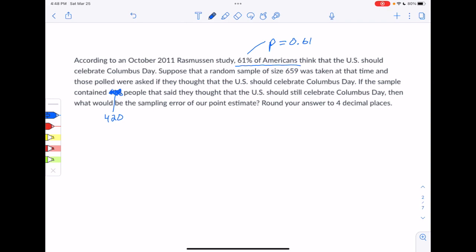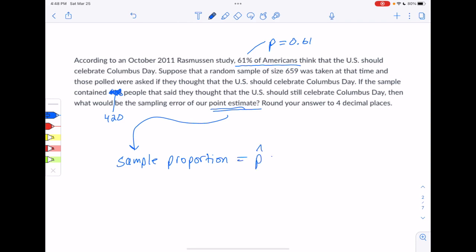All right, so now that we see the context we're in is proportions, then when they refer to the point estimate, that would have to be the sample proportion. So let's go ahead and compute that. So the sample proportion is P hat. P hat is X over N. X is the number of successes in our sample, and N is the sample size.